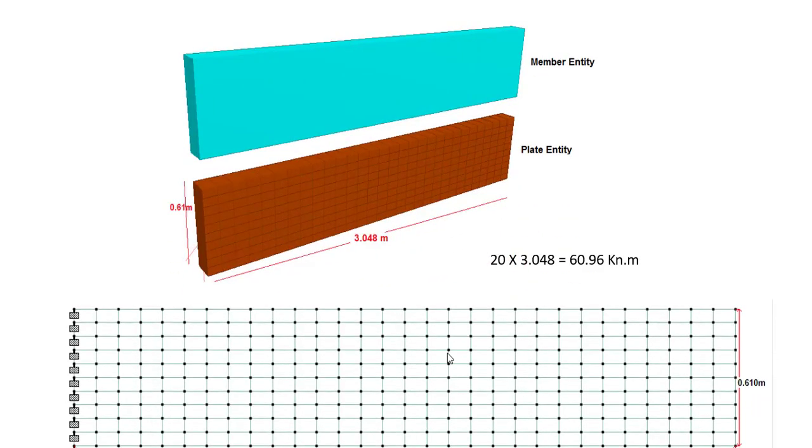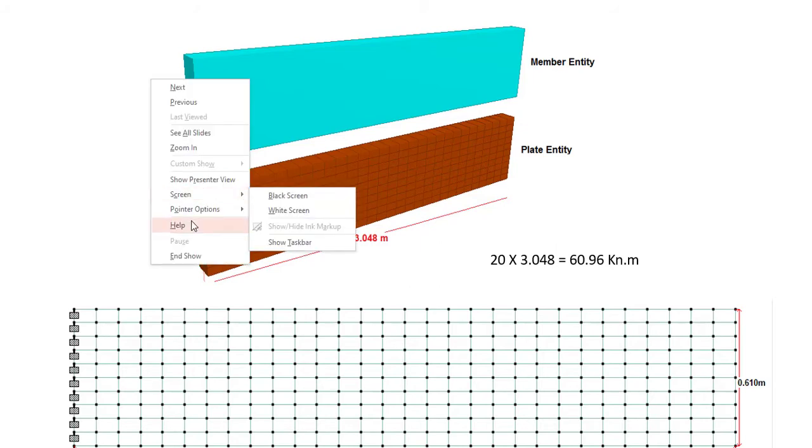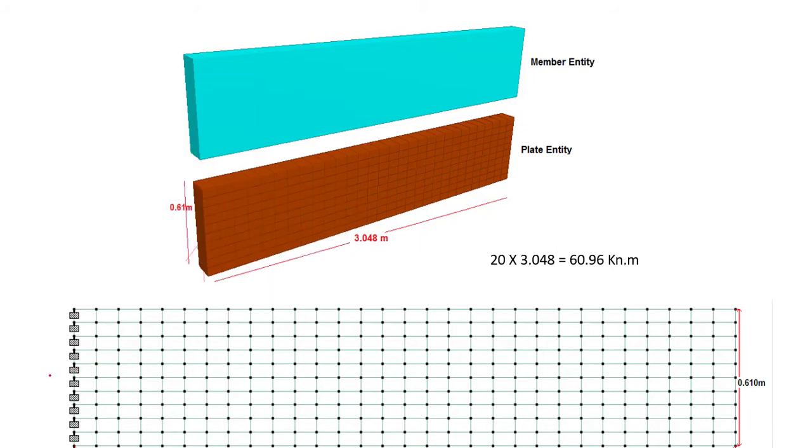I'll show you again. So 0.610 is the depth, and as I told you, we have 10 divisions. So if I divide this into 10 parts, right, this is my neutral axis, and each component has a depth of 0.061.